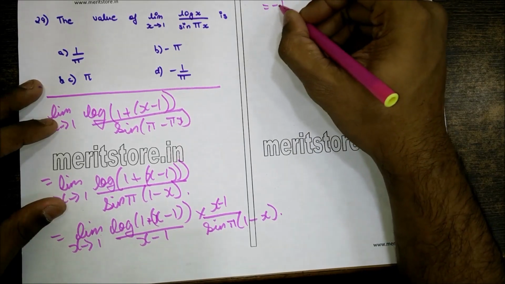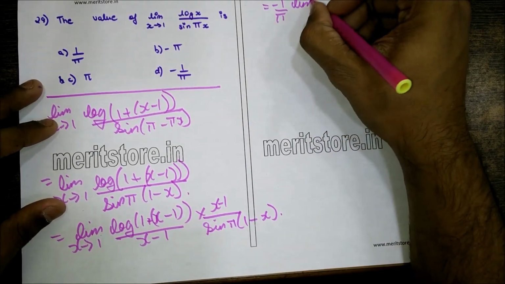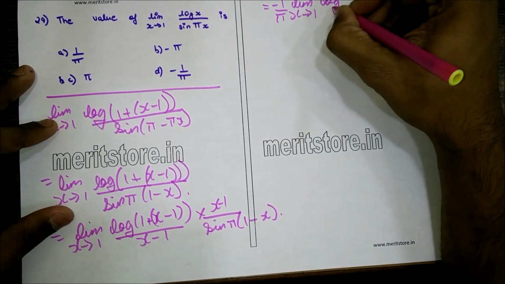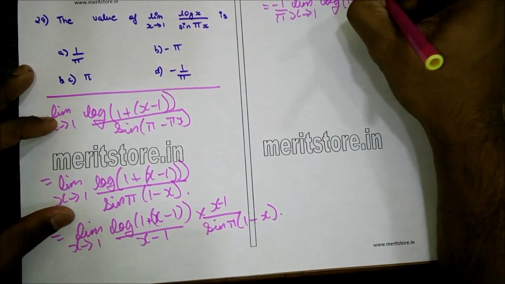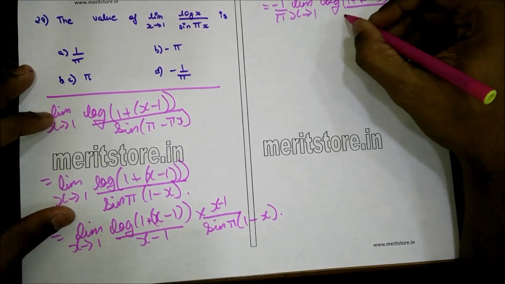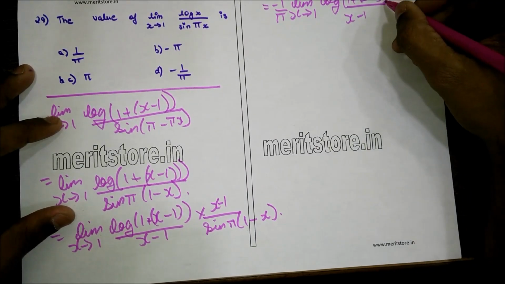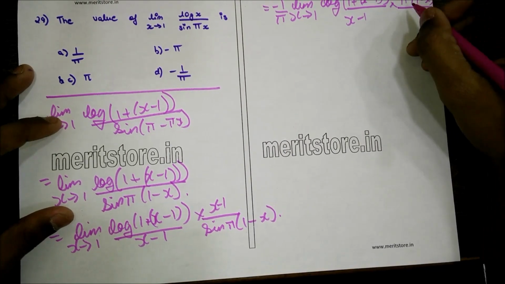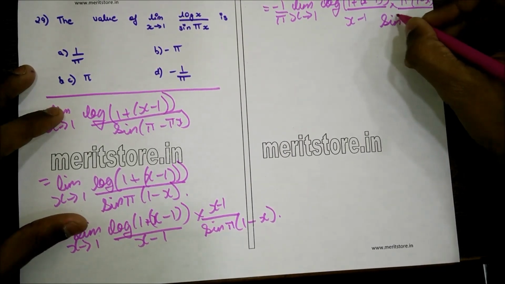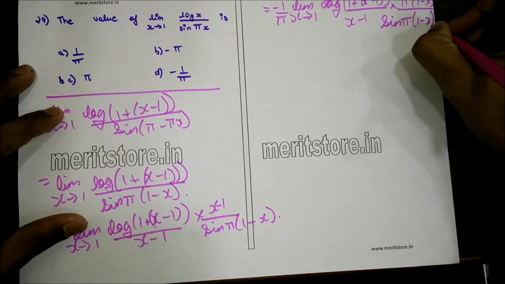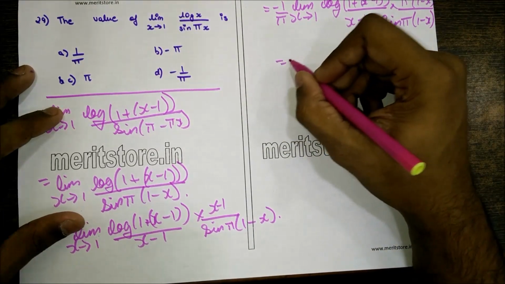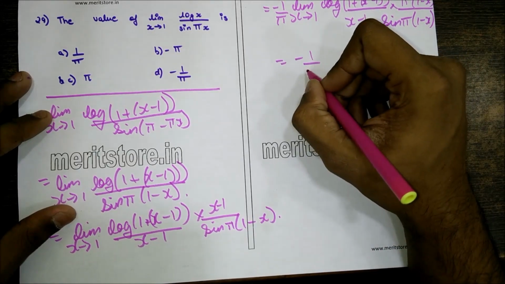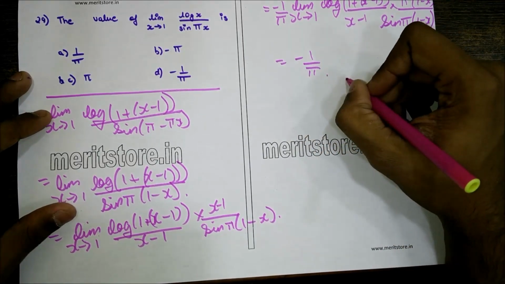That gives us minus 1 by pi, limit of x tends to 1 log (1 plus x minus 1) upon (x minus 1) into pi (1 minus x) upon sine pi (1 minus x). We can apply the limit of x tends to 1 now to get minus 1 by pi, which is option D.